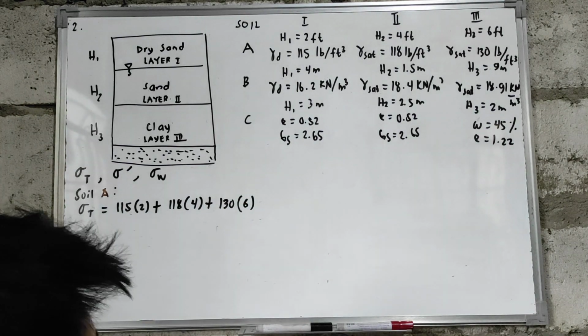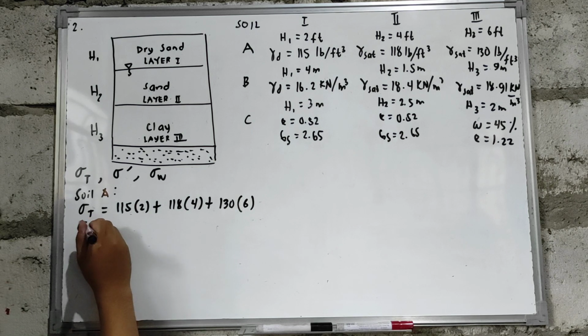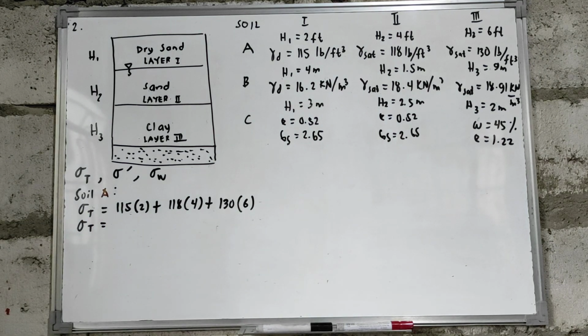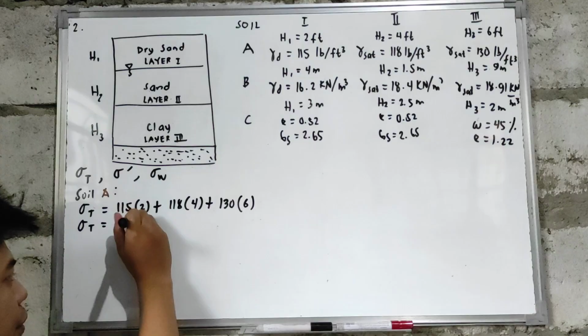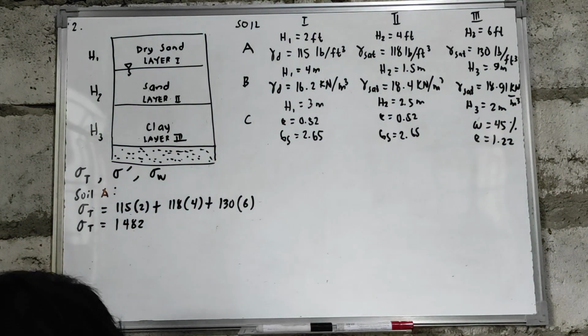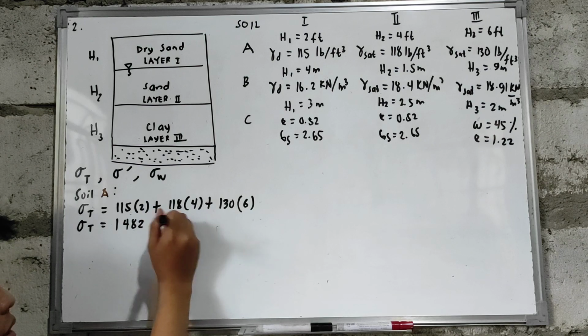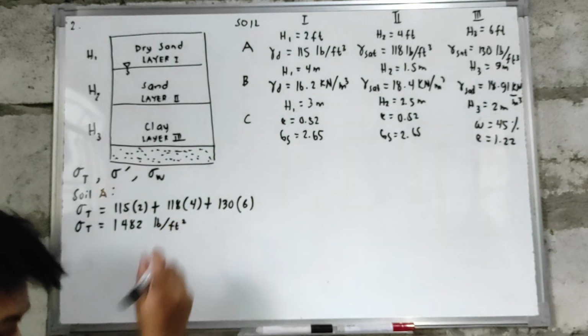So, yung value ng total stress natin is equal to 1,482 pounds per feet square.